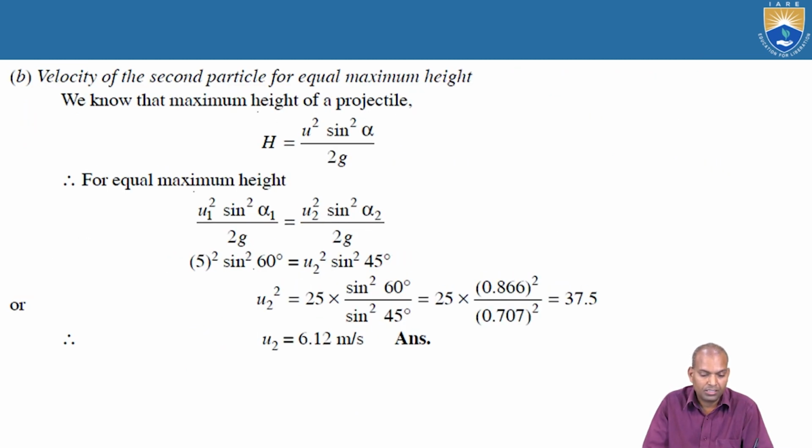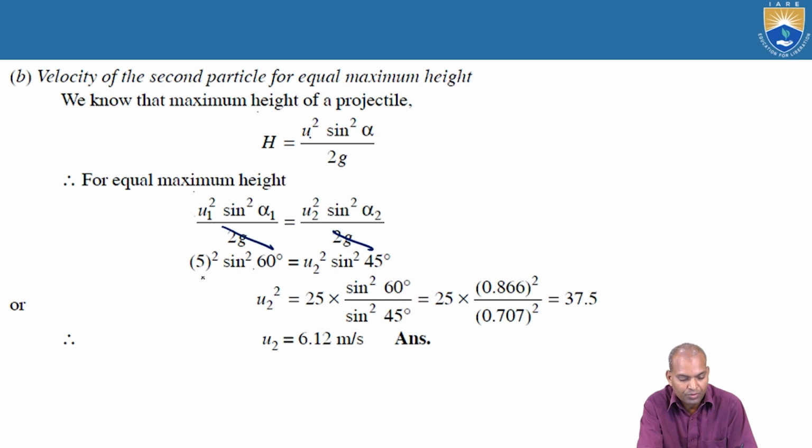Now let us see here: the velocity of the second particle for equal maximum height. What is the maximum height? u square sine square alpha by 2g. Now equate u1 square sine square alpha 1 by 2g equal to u2 square sine square alpha 2 by 2g, and substitute over here. u1 equal to 5, so 5 square sine square 60 degrees equal to u2 square sine square 45 degrees.